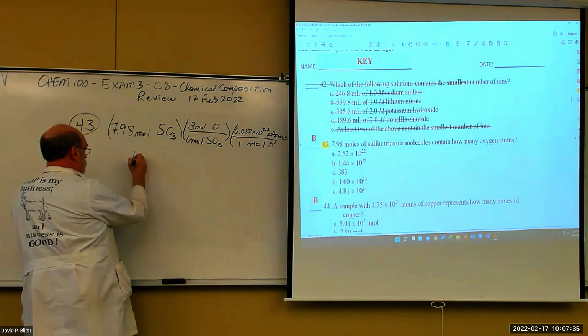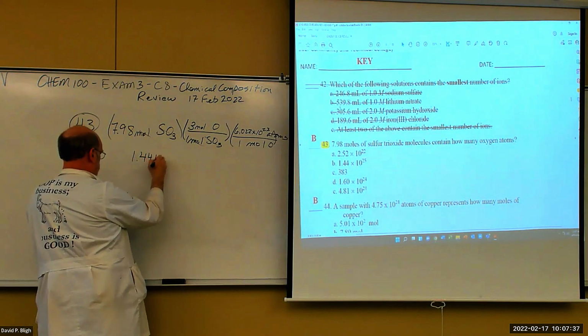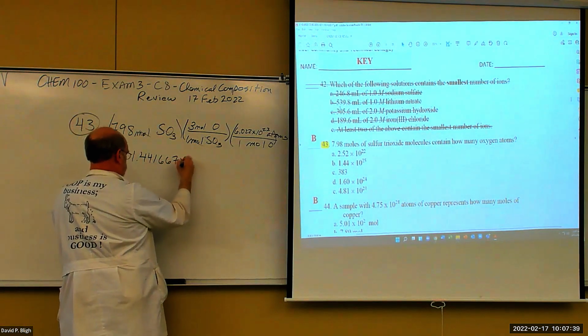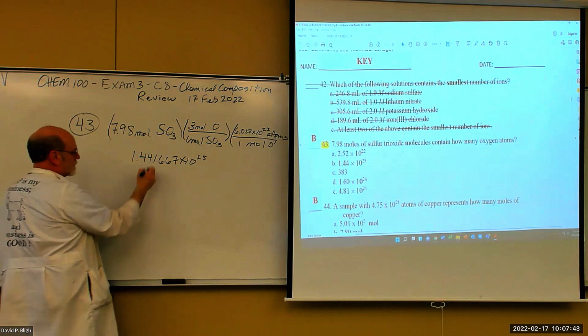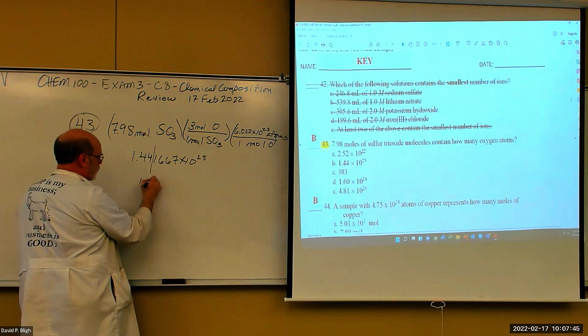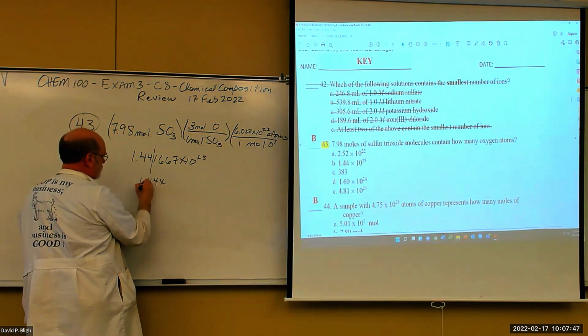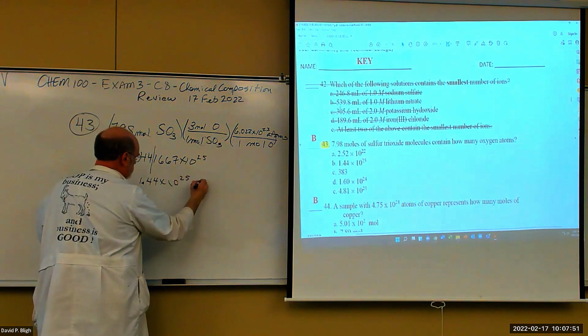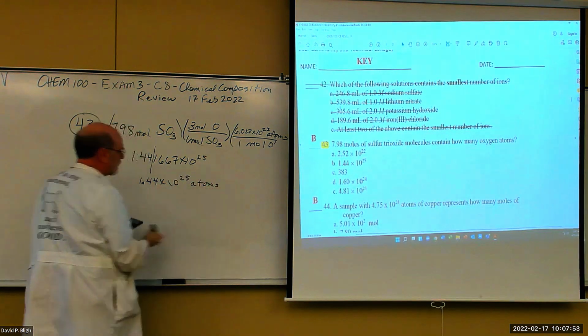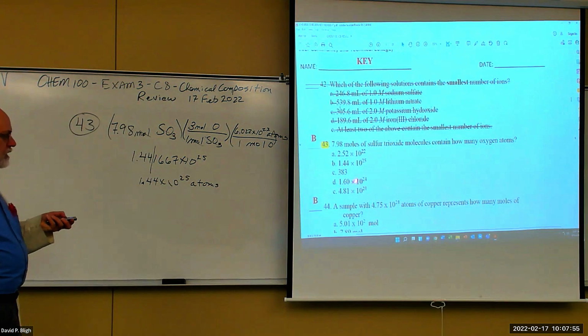And I get 1.4441667 times 10 to the 25th. We do have to limit this one to 3, so 1.44 times 10 to the 25th atoms. And there she blows.